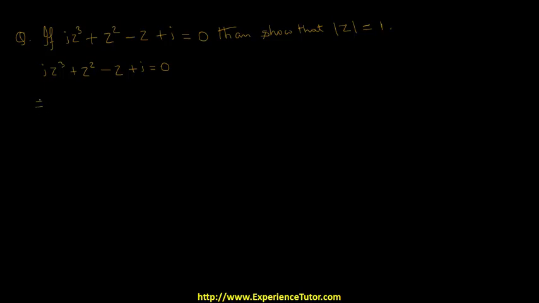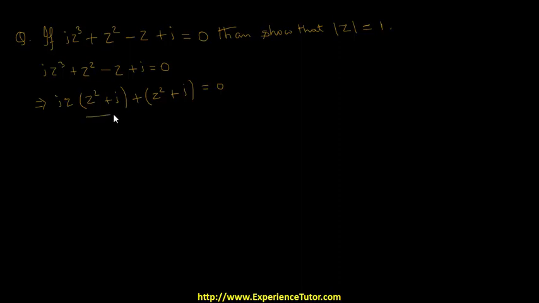which implies that iz³ + z² − z + i = 0.